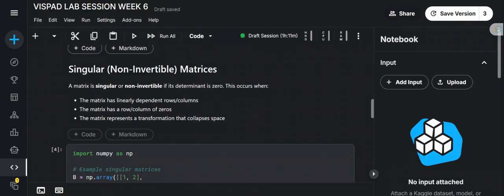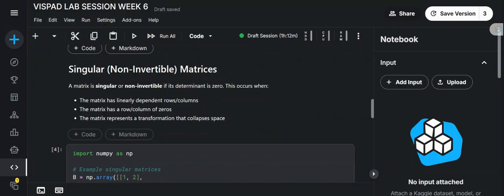So let's look at singular or non-invertible matrices. A matrix that does not have an inverse is also referred to as a singular matrix. A matrix is singular or non-invertible if its determinant is zero, meaning that it doesn't have an inverse. It means that the matrix has linearly dependent rows and columns.